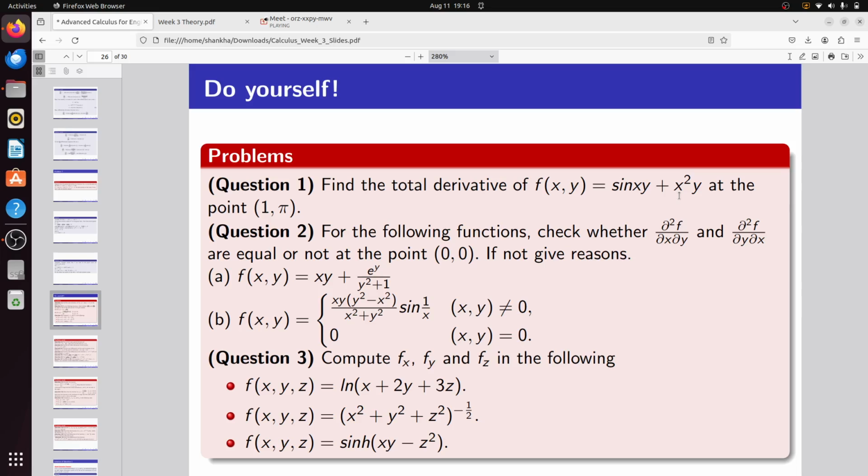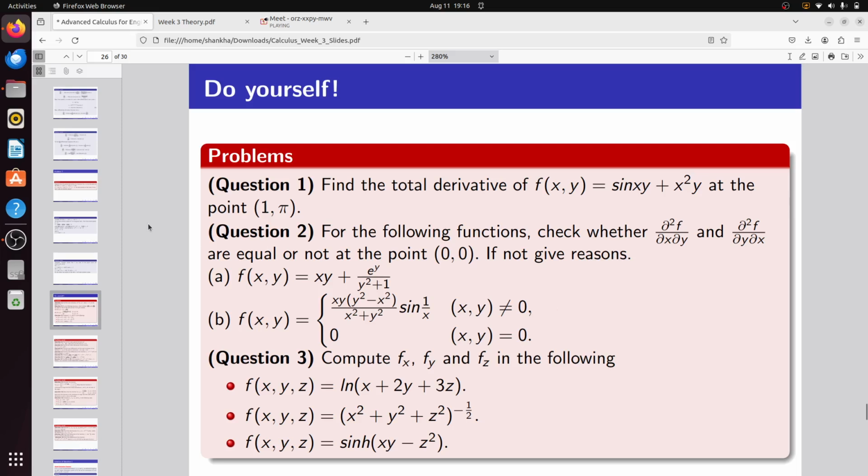So the total derivative df is equal to del f del x into dx plus del f del y into dy. Now you just determine del f del x and del f del y, put 1 comma pi instead of x and y, then you will get the answer.